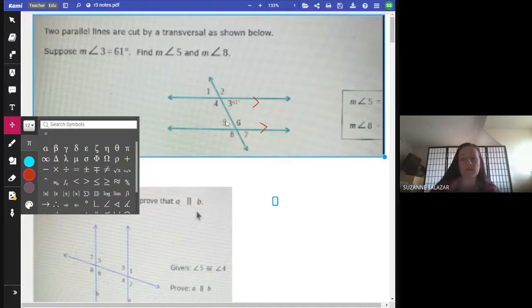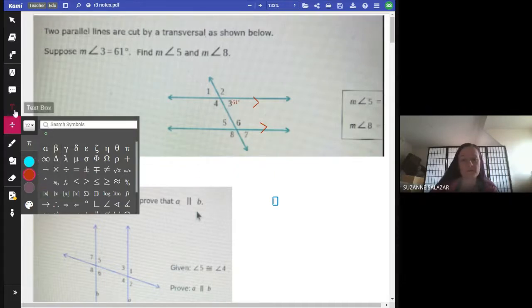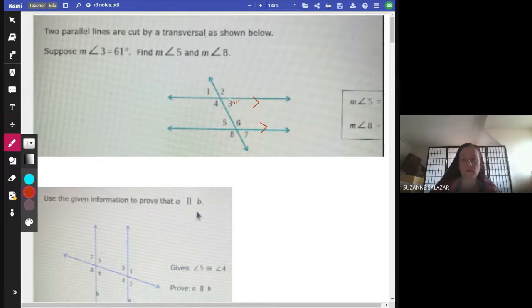Well, angle 3 and angle 5 are alternate interior angles, which means that they're going to be congruent to each other.